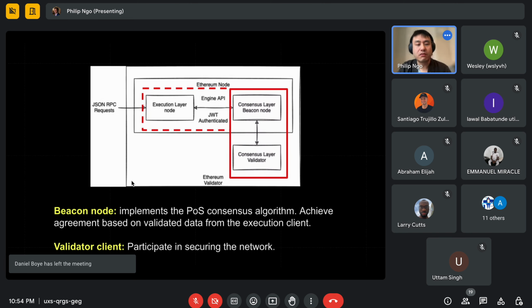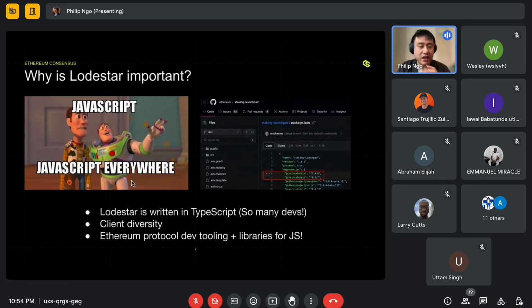So what you would do, well, I'll get into that afterwards, but why is Lodestar important? Well, you may have heard of something called client diversity. And the great thing about Lodestar is that it's written in TypeScript. So it's very accessible to a lot of developers who wish to get into protocol development.